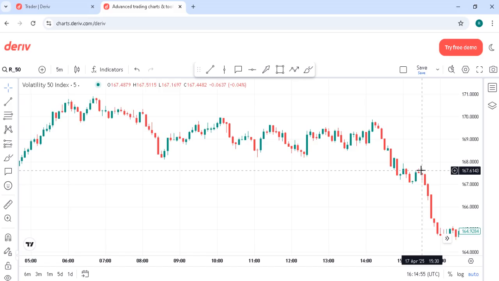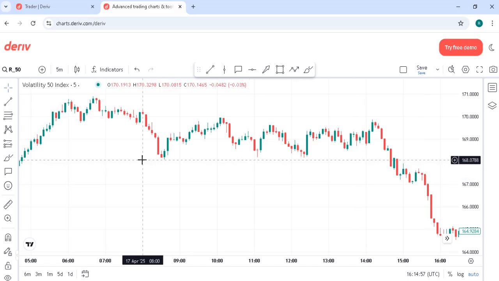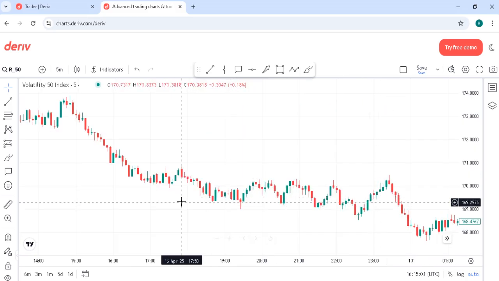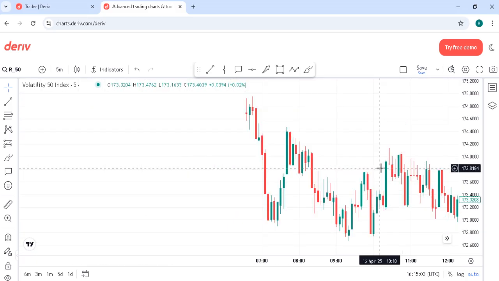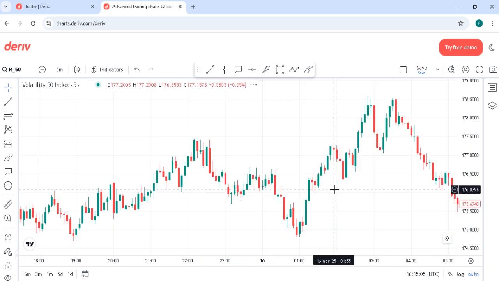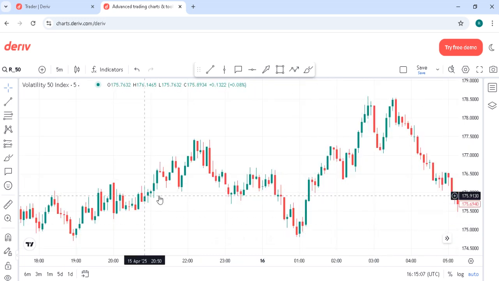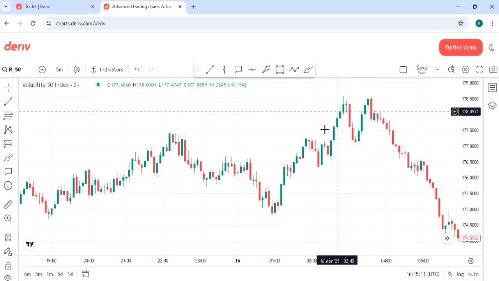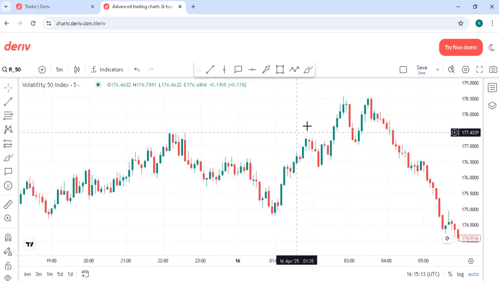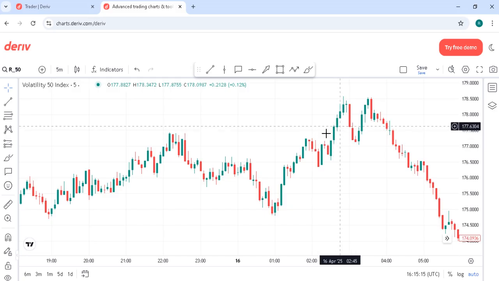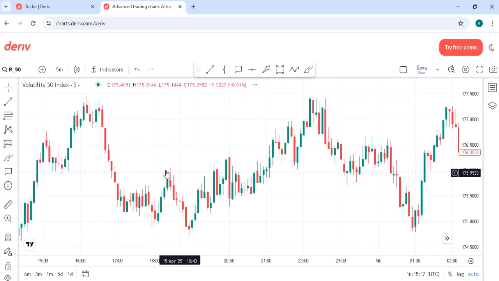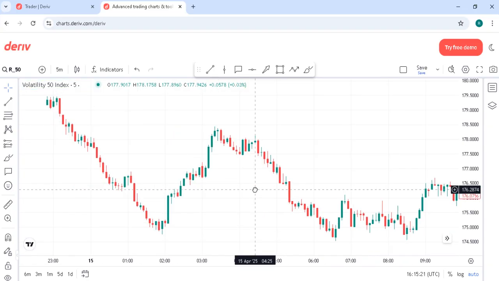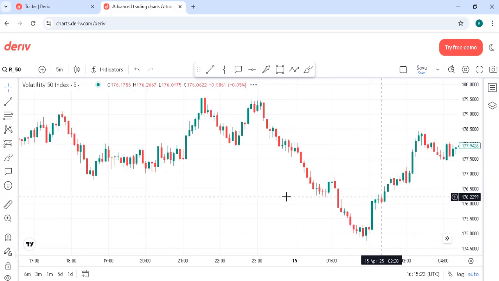So if there was a downtrend, or even after consolidation, sometimes it happens after consolidation. I hope you know what that means. So if there is a breakout after consolidation, it can also be a good entry point. So don't enter in a situation like this, because there is no downtrend here. There has to be a clear downtrend or maybe consolidation.